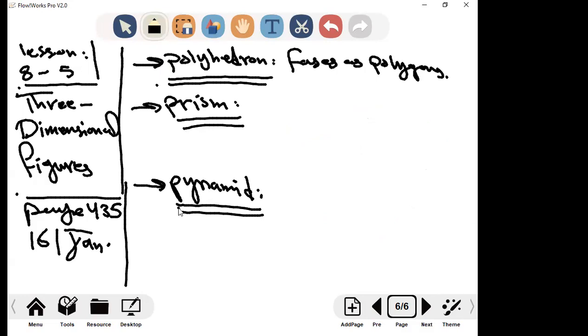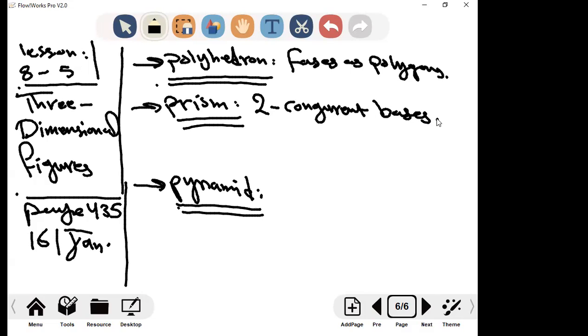A prism is a solid figure with 2 congruent bases. How many bases does it have? 2. Up and down. And they are congruent. Congruent means what?